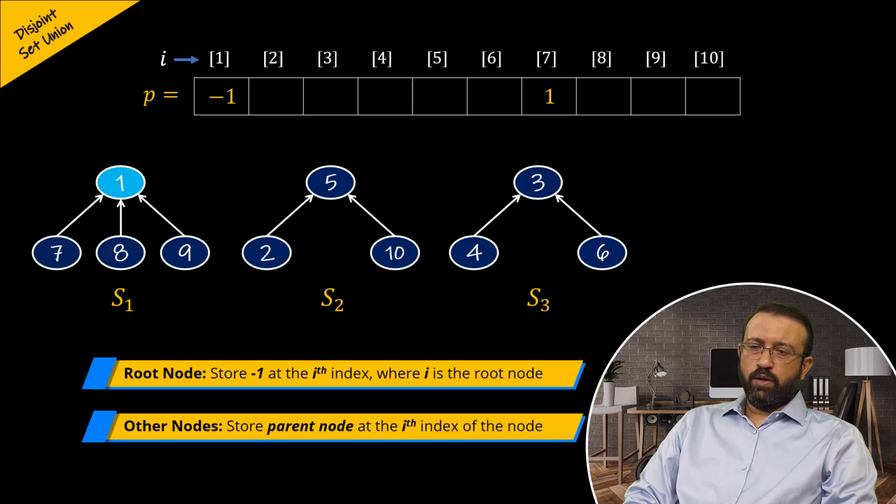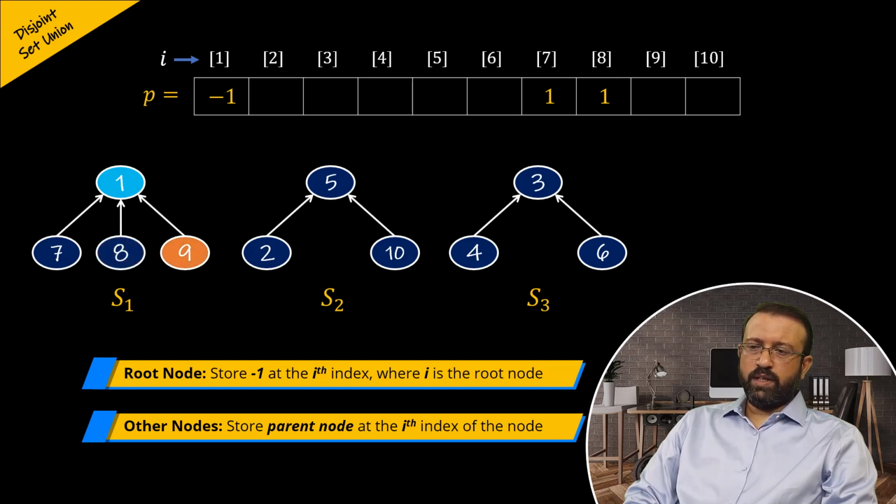Then we have the node with element 8. And since the node with element 8 is not a root node and its parent is the node with element 1, we will store 1 at index 8 in the array. That is, we are storing the parent, which is 1, of element 8 at index 8 in the array. In the same way, we have the node with element 9.